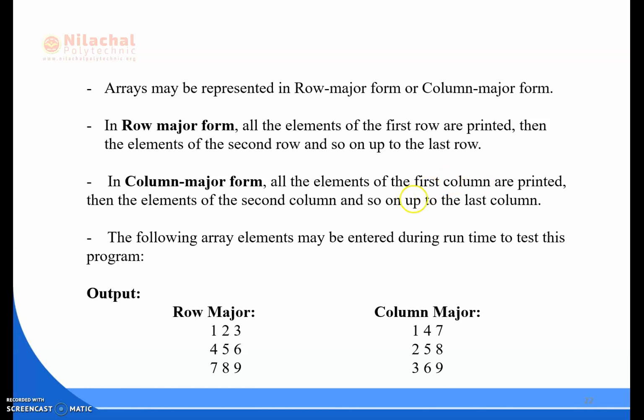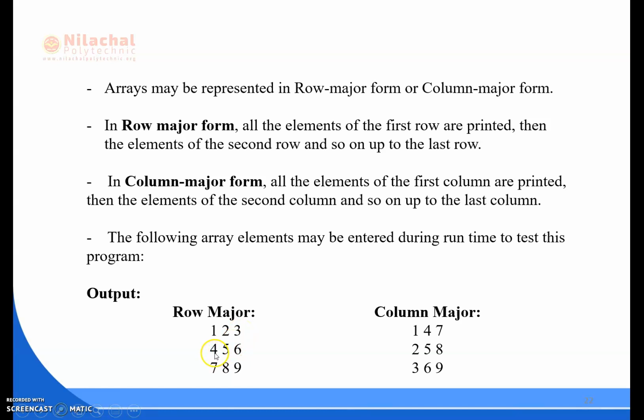So here is an example of printing in row major and column major form, in increasing order of digits. It has elements from 1 to 9. First, it is printed in row major form, so the elements are printed in this format: the first row will be printed, that is 1 2 and 3.